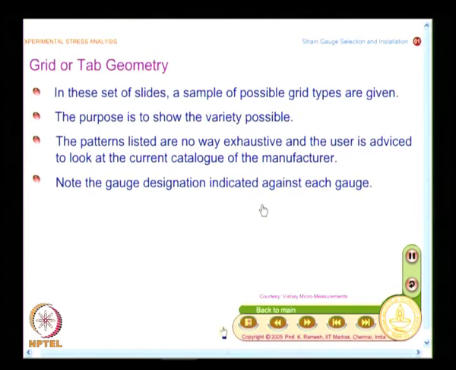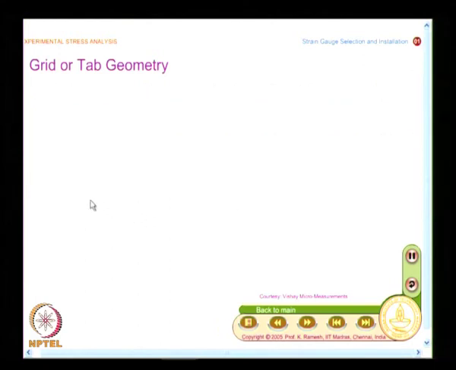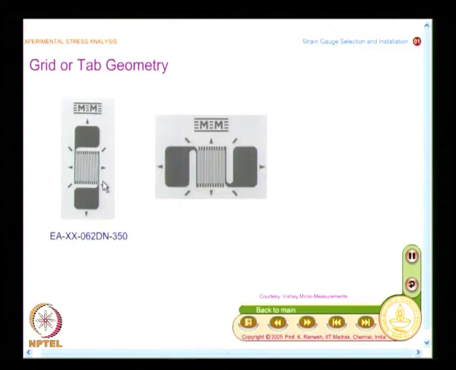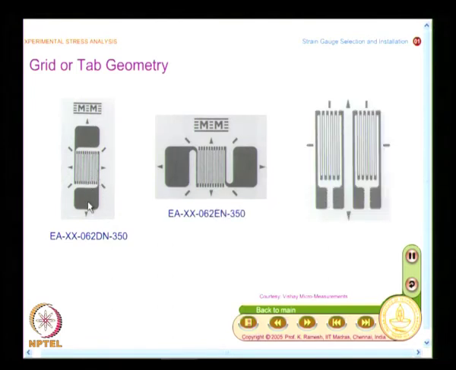And obviously, the simple strain gauge, what you have is a simple loop like this, and what is shown here is you have the tabs on either end, and for this the particular manufacturer gives this as DN.